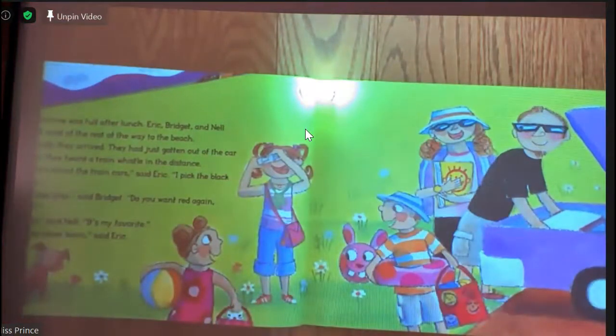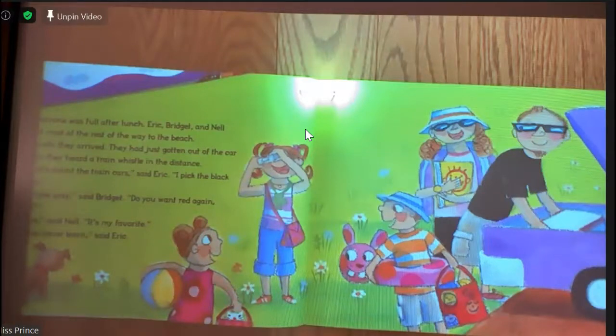Everyone was full after lunch. Eric, Bridget, and Nell slept most of the rest of the way to the beach. Finally, they arrived. They had just gotten out of the car when they heard a train whistle in the distance. Let's count the train cars, said Eric. I picked the black ones. I'll take gray, said Bridget.